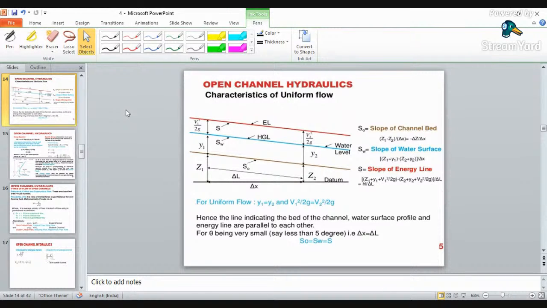In this, there will be a slope of that bed. So the slope of the channel bed will be termed as your S0, or you may assume the slope of the channel bed as Sb. Then there is a slope of the water surface inside the channel. So assume the slope of the water surface as your Sw.